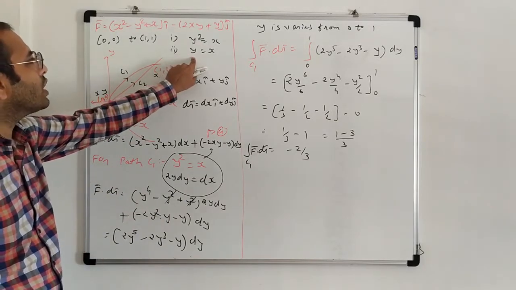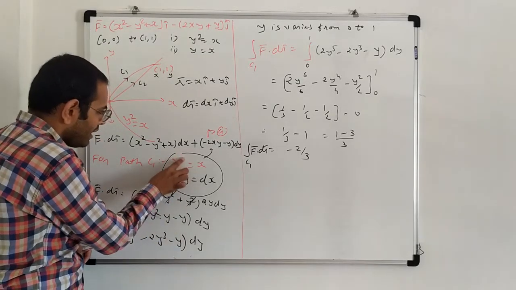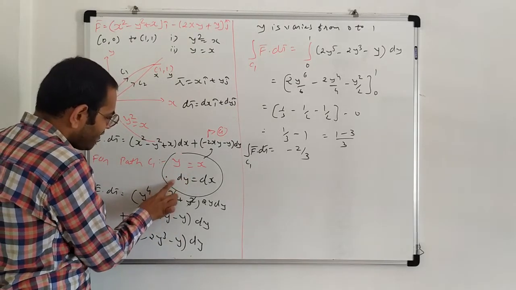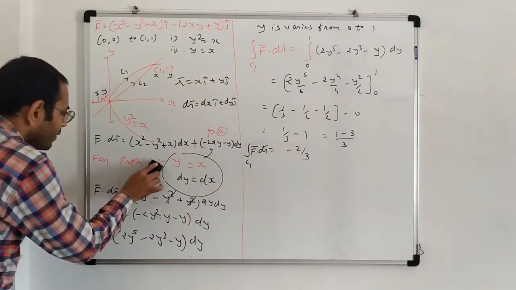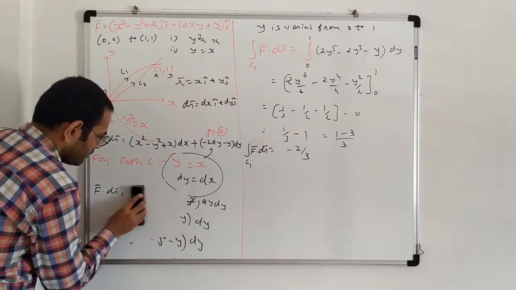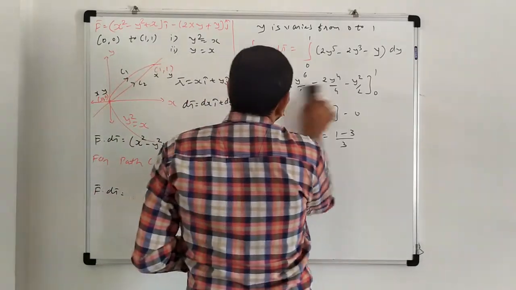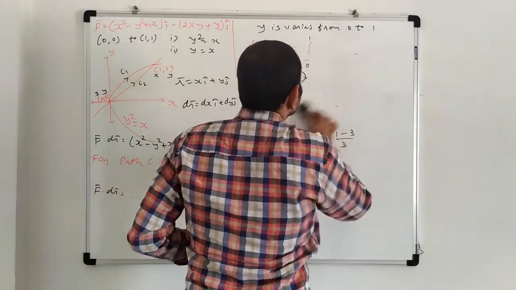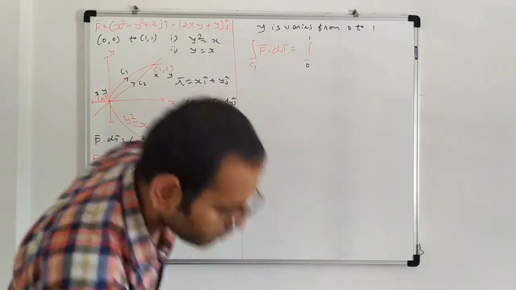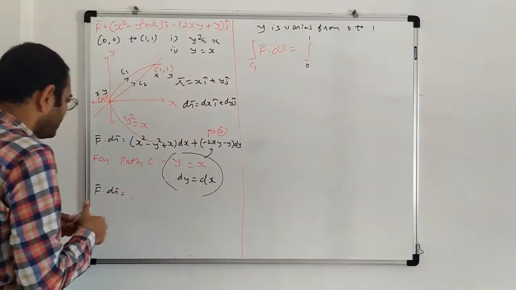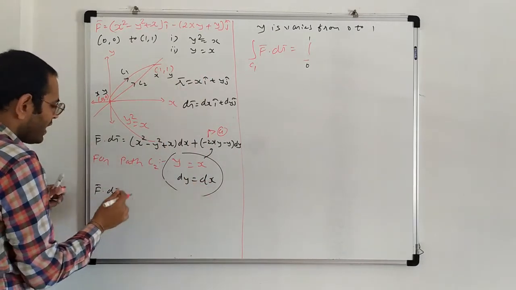Similarly, according to path C2, for y equal to x, we get dy equal to dx. Substitute this value for path C2. For the path C2, y equal to x, then dy equal to dx.